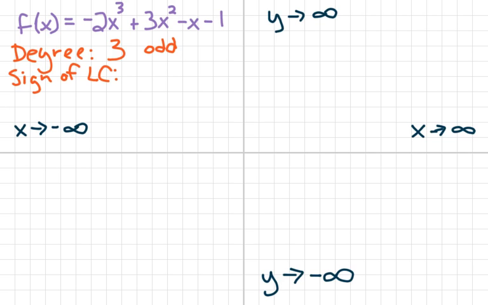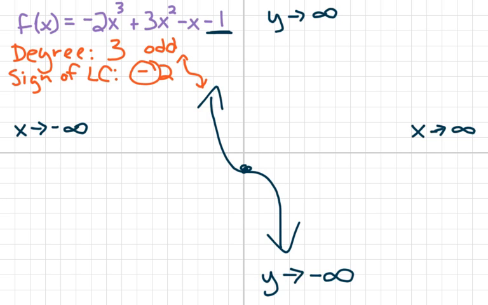My leading coefficient is -2, so the sign is negative, which means the right side is going to be going down. It's going to look like that. When we graph this, our y-intercept is going to be -1, so we can at least do that correctly.